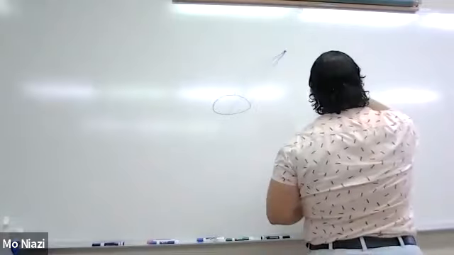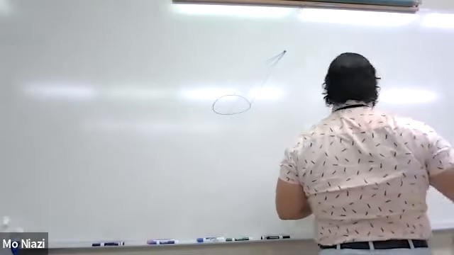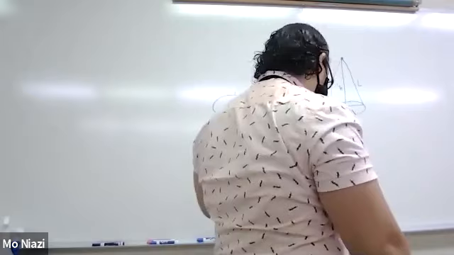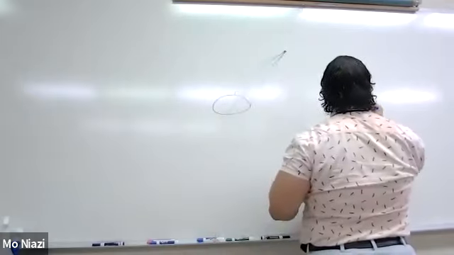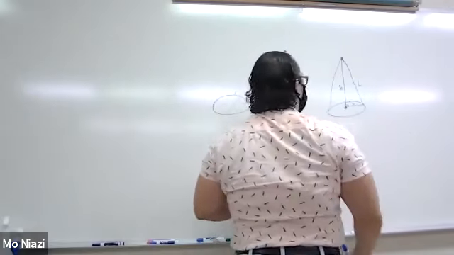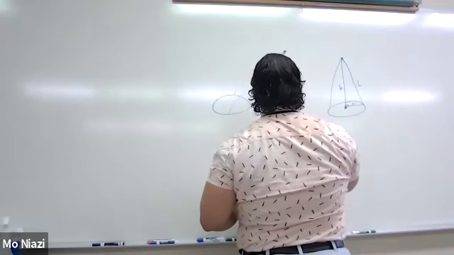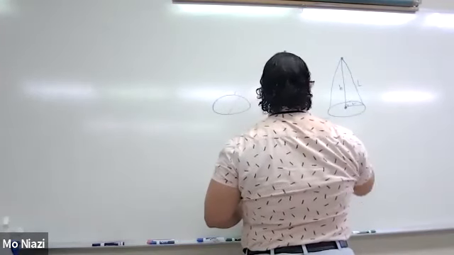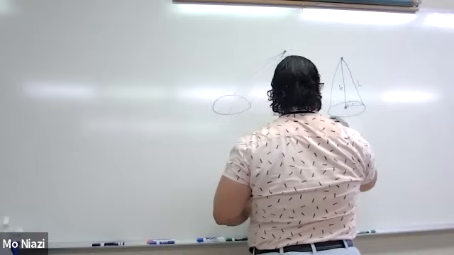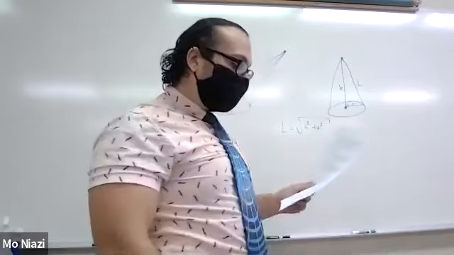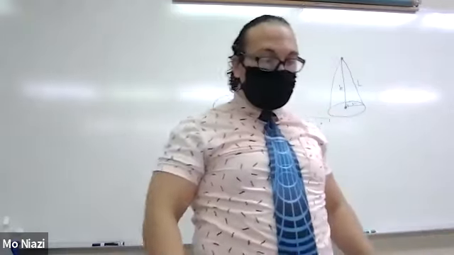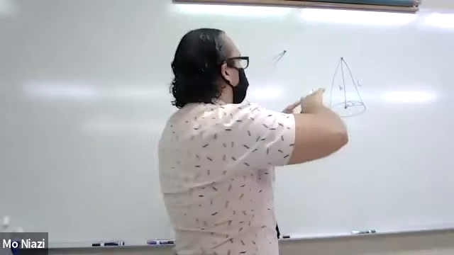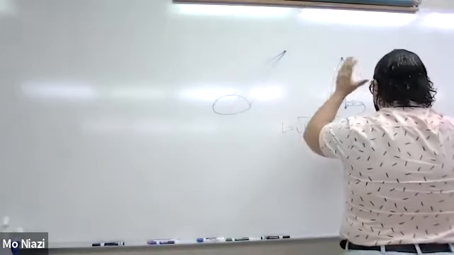This is called your height, H. This is called your lateral length, L, or slant height. And clearly here's our radius. Notice that in this case, we form a right triangle. So the quantity L is equivalent to h squared plus r squared, square rooted. Then, how do we compute the surface area of a cone?